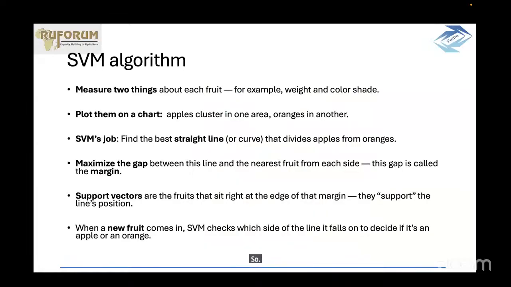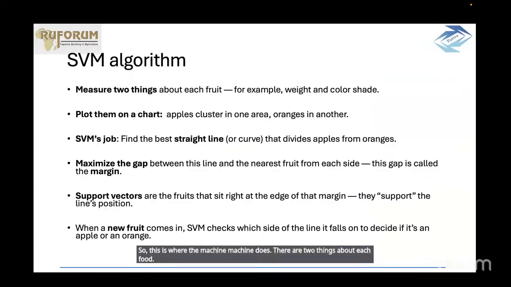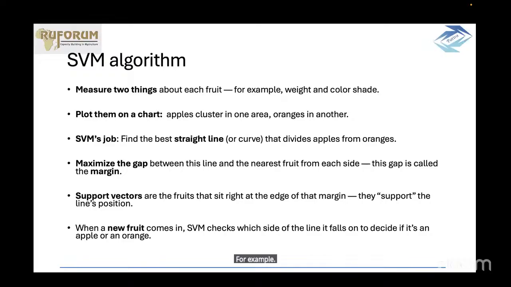So this is what the support vector machine does. Measure two things about each fruit. For example, it's going to measure the weight and color shade of the fruit, and then plot them on a chart. Apple class in one area, orange class in another area.